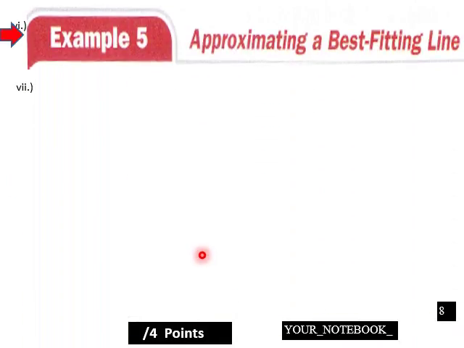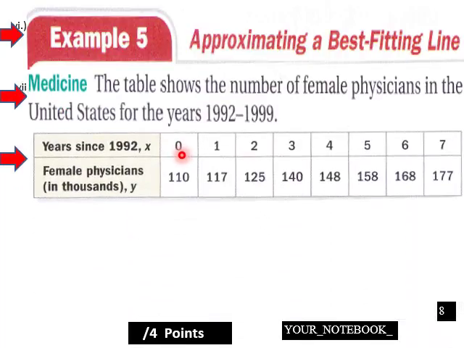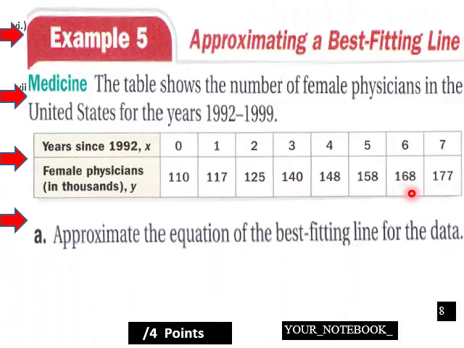So into this example here, example 5, the table shows the number of female physicians in the U.S. for 92 to 99. These are the years since 92, and these are the number of female physicians. Approximate the equation of the best fitting line for the data.